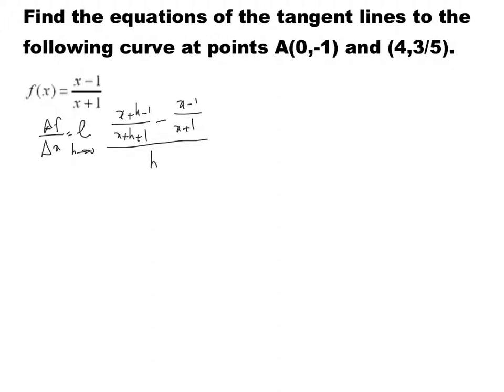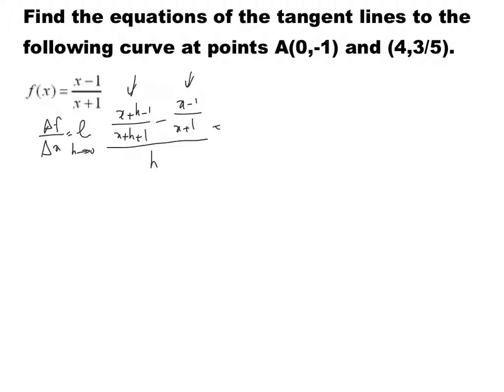To simplify this fraction, I'm going to try to make the denominators the same. So for this fraction, I'm going to multiply the numerator and denominator by x plus 1. And for this fraction, I'm going to multiply the numerator and denominator by x plus h plus 1.